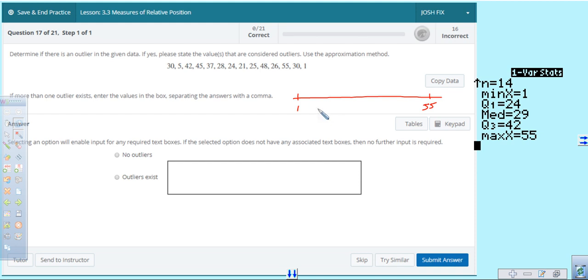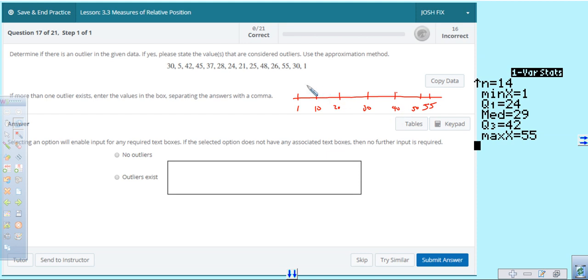If we go by 10s, that would be 10, 20, 30, 40, 50. That's a very quick, rough breakdown of this.